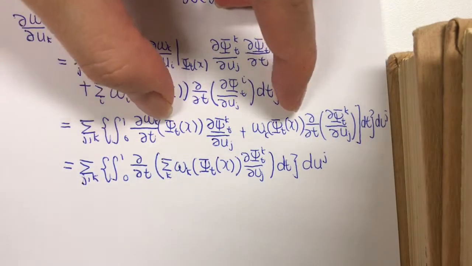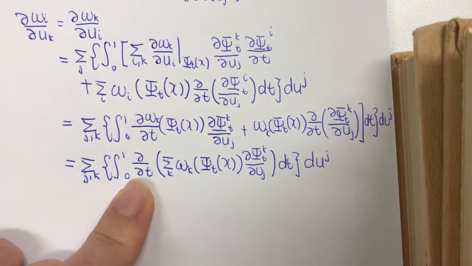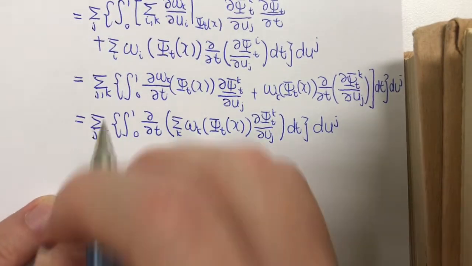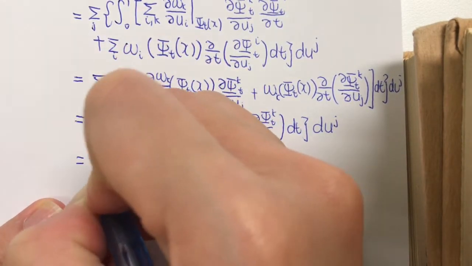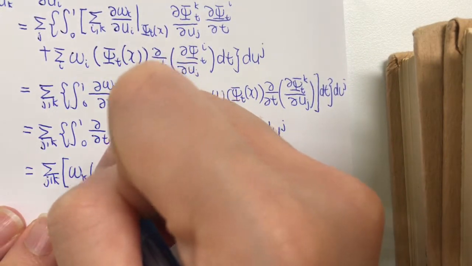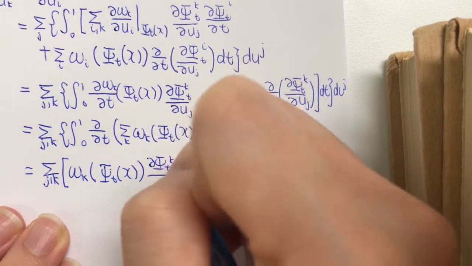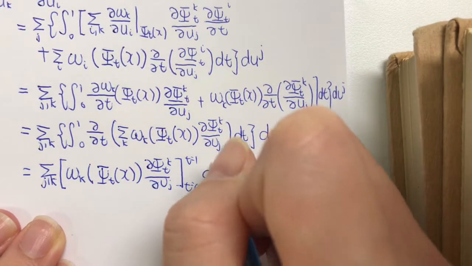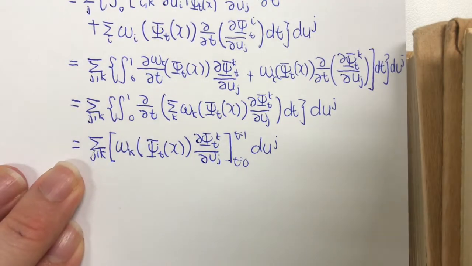So we further combine these two terms into a total partial derivative with respect to t of these two terms, and then we finally can integrate this term out, and we obtain the following expression.